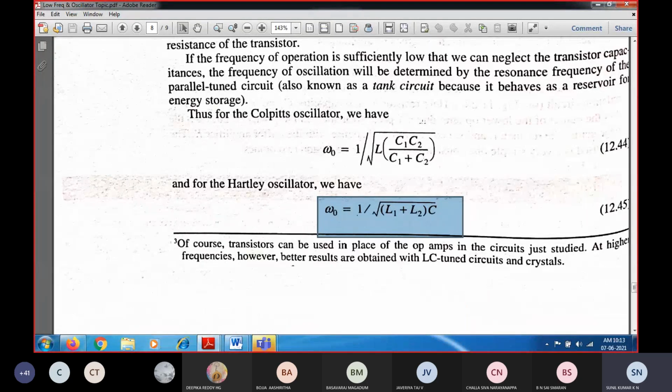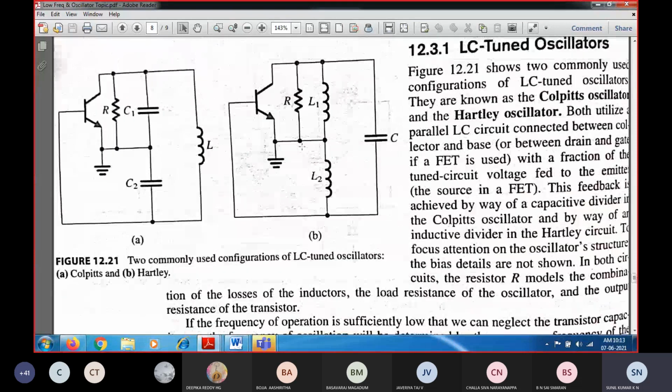Then we need to see what the loop gain should be, and what the feedback factor should be.